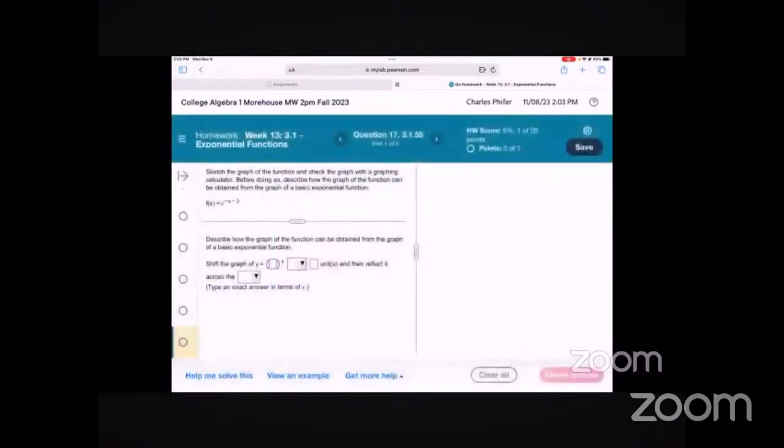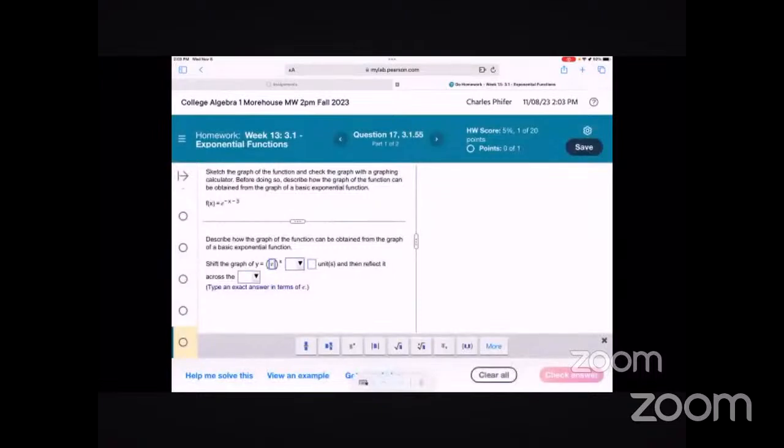When x is -3, the corresponding y is 1, right? So if we go right by 3 and then flip over the y, that'll put it in the proper location.